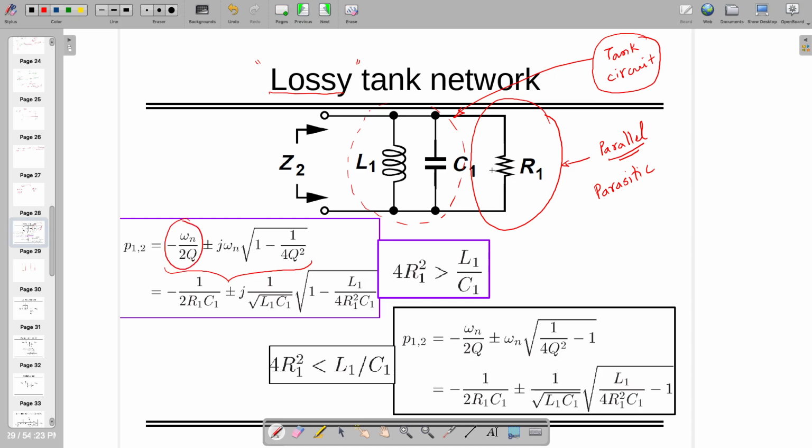Do you want me to solve this, or you can solve this, right? Just three elements are in parallel. Then you can find out that in the denominator you will have two poles. The number of poles will not increase, but the location will change as you change the resistance value.